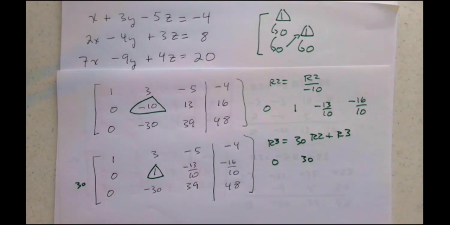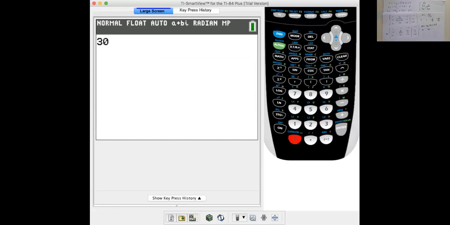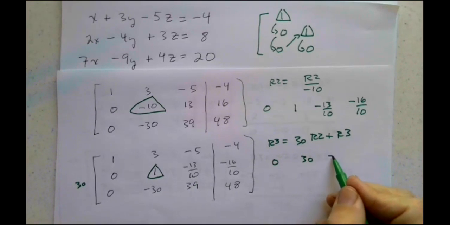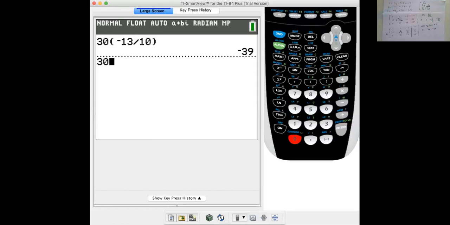30 times negative 13/10. Maybe we'll jump to the calculator to do that, which I've already done, but I'll do again here. 30 times negative 13/10, negative 13 divided by 10 gives me negative 39. Now I need 30 times negative 16/10.